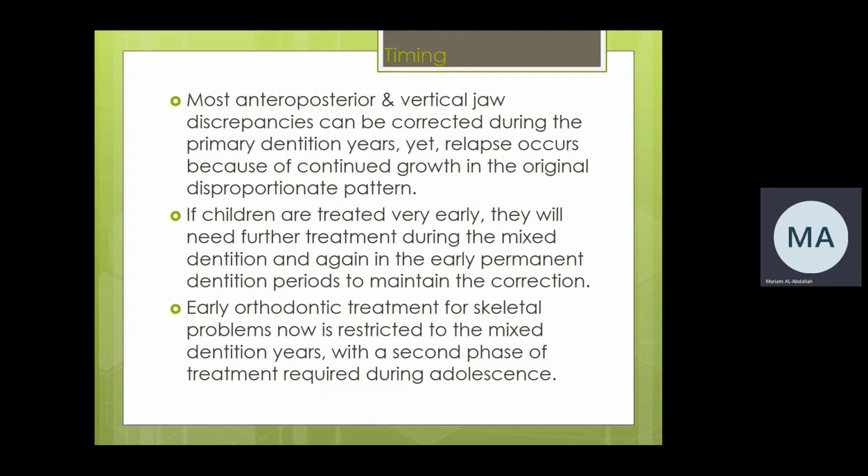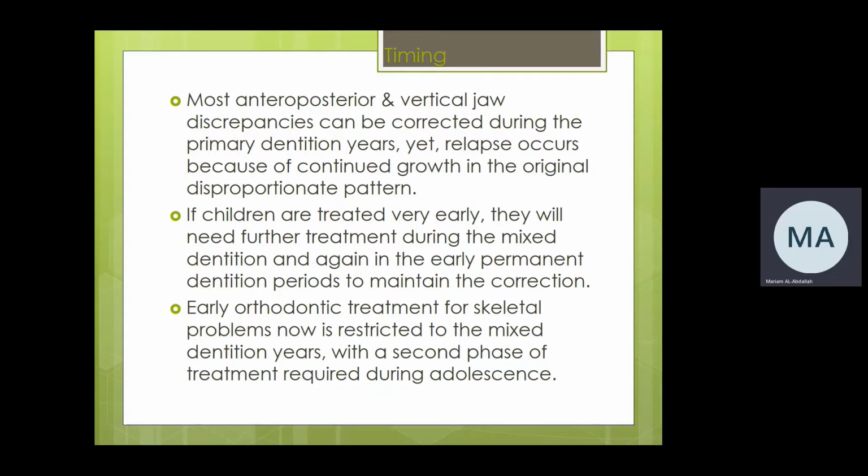So why not start too early to correct the skeletal discrepancy? The reason is that the patient is still growing. So even if you corrected this problem early, you need to stabilize the result for a long, long time. So you will have a lengthy treatment with multiple stages, a stage in the primary dentition, another stage in the mixed dentition, and the third stage in the permanent dentition, which is a lengthy, unnecessary treatment.